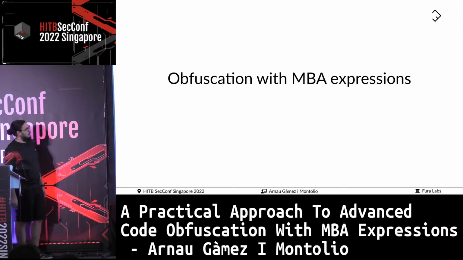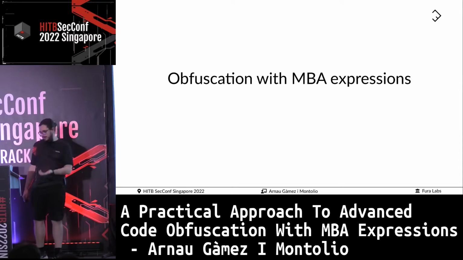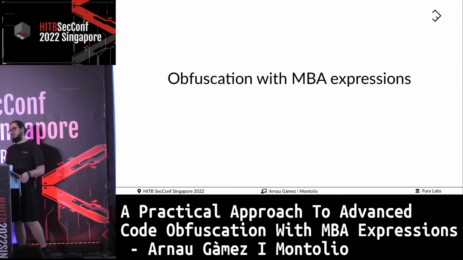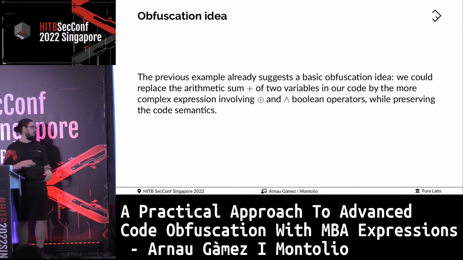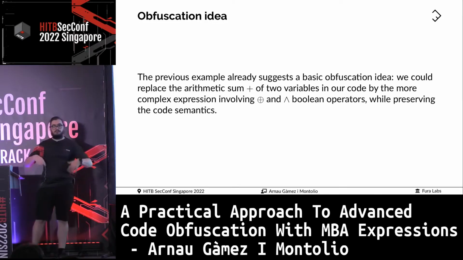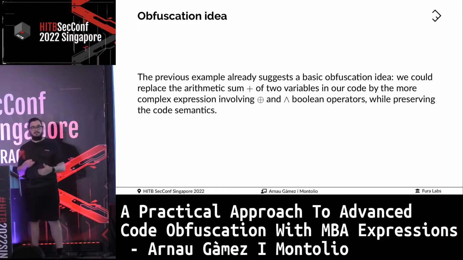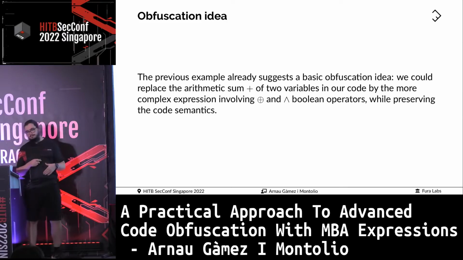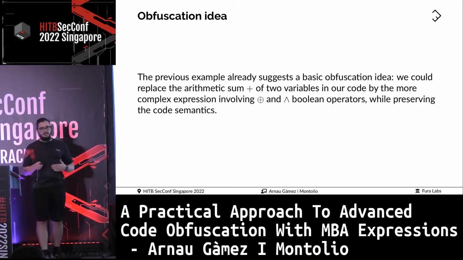Okay, so let's talk a bit now about how we leverage MBA transformations to produce obfuscation transformations. The previous example that we have just seen, two different representations for the same semantic behavior, the same addition semantics, suggests a basic obfuscation idea, which might seem really dumb but works really well.